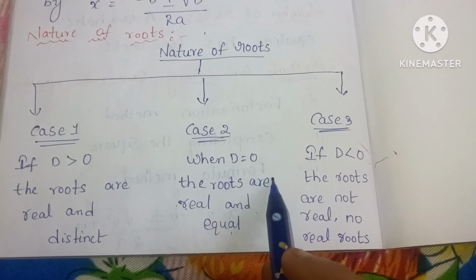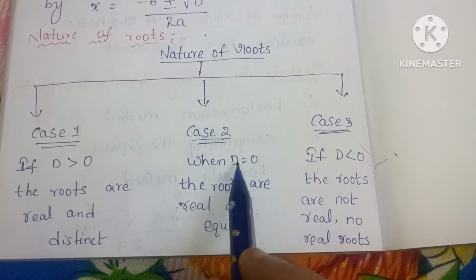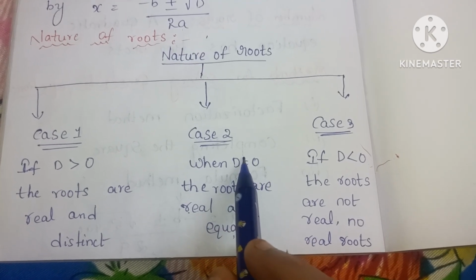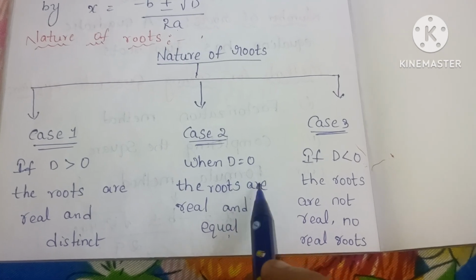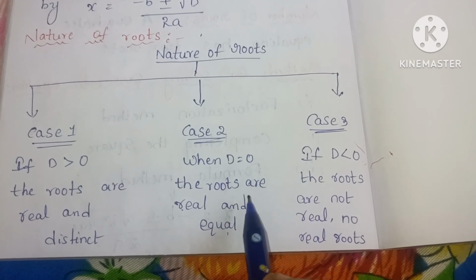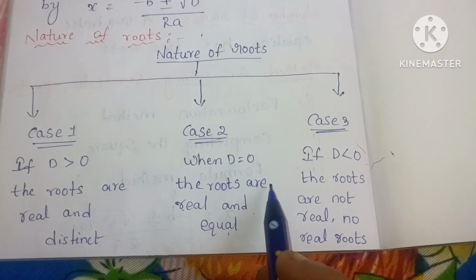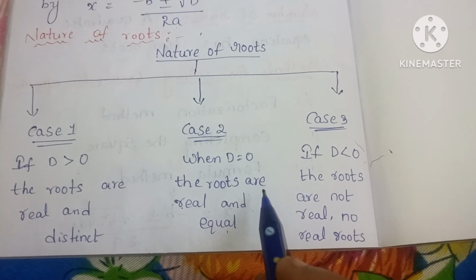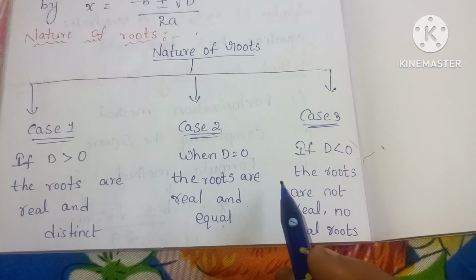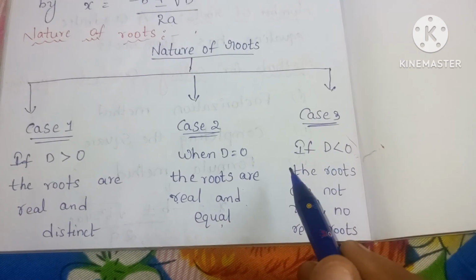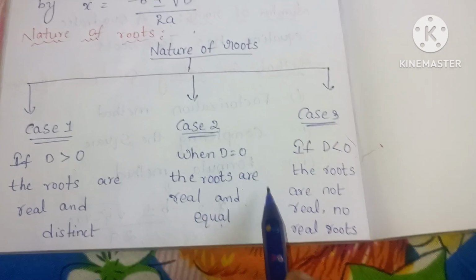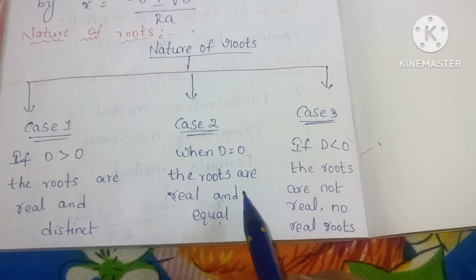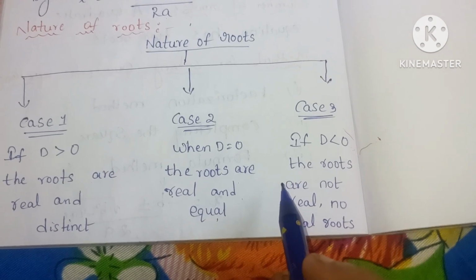D equals 0 means b square minus 4ac equals 0. How many roots are there in the quadratic equation then? You will have two roots, which you may call coincident roots: x equals minus b by 2a, or x equals minus b by 2a.